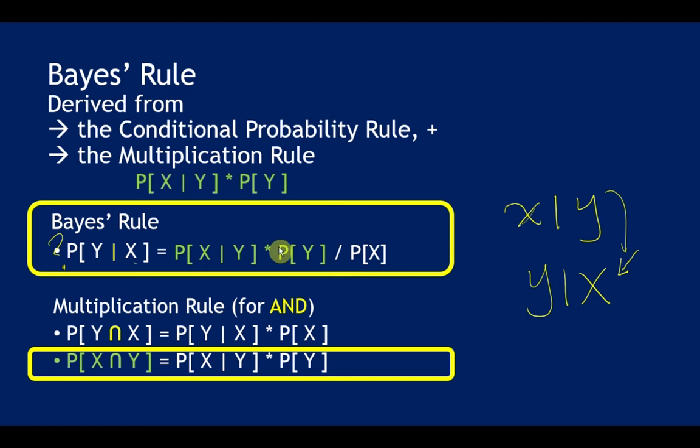Which is very convenient because a lot of times what we want is not necessarily available. But if the other conditional probability is available, then we can do some simple mathematical tricks to figure out what we want. So x given y multiplied by the probability of y divided by the probability of the sample space. So see, the sample space probability is always the denominator.